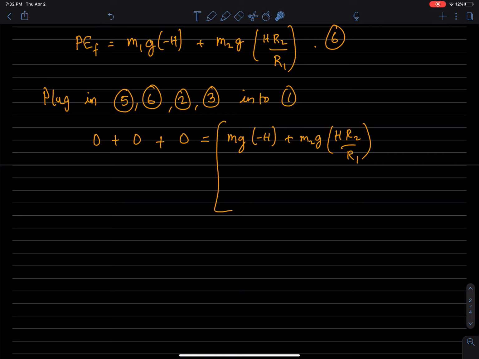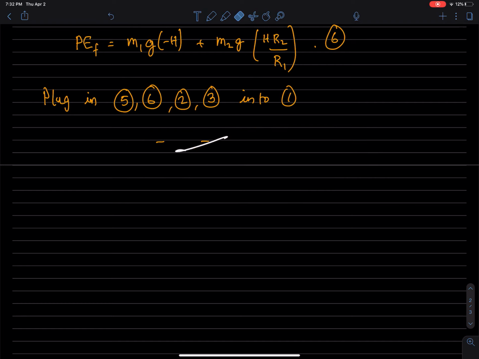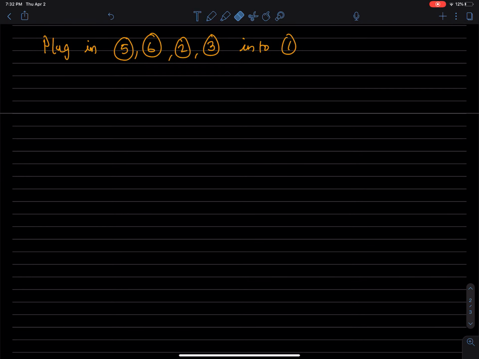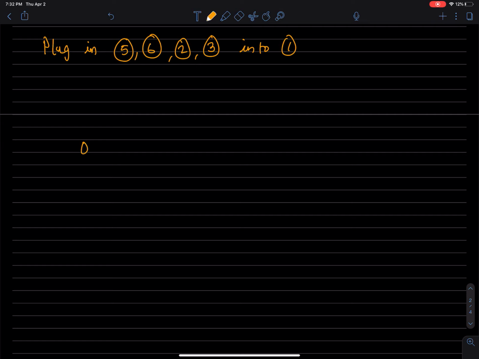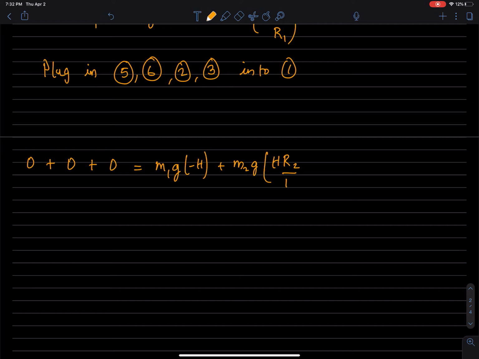Let me write this on the next page. K initial is 0, P initial is 0, work done is 0, and then the potential energy final is m1 g times minus h plus m2 g h R2 by R1.